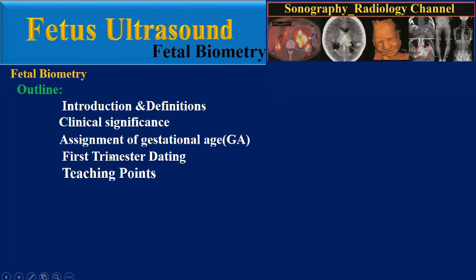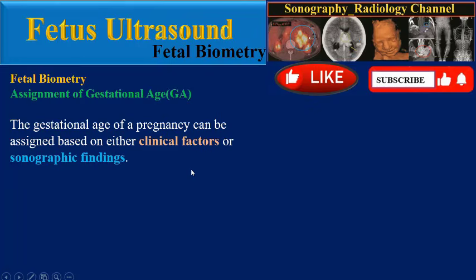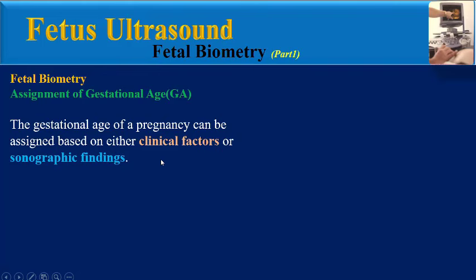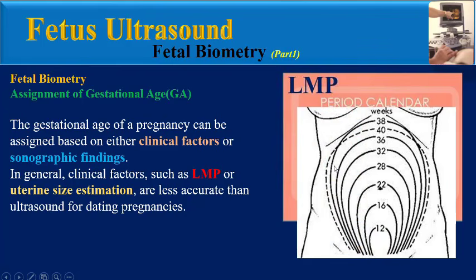How can we do assignment of gestational age? The gestational age of a pregnancy can be assigned based on either clinical factors or sonographic findings. In general, clinical factors such as LMP or uterine size estimation are less accurate than ultrasound for dating pregnancies.